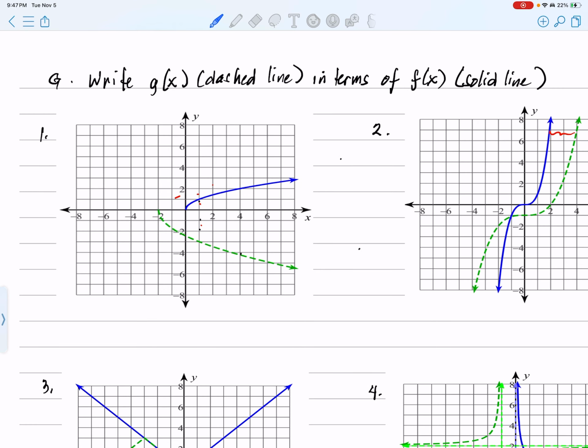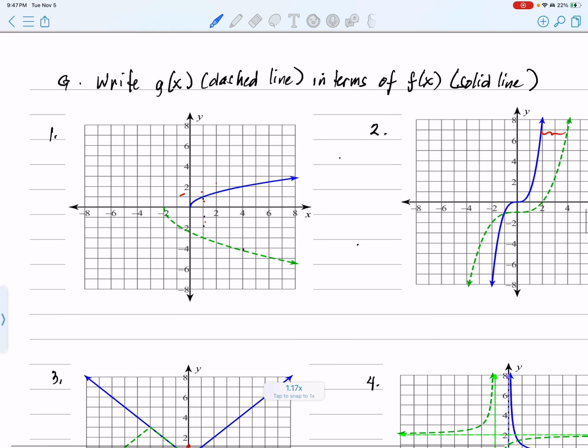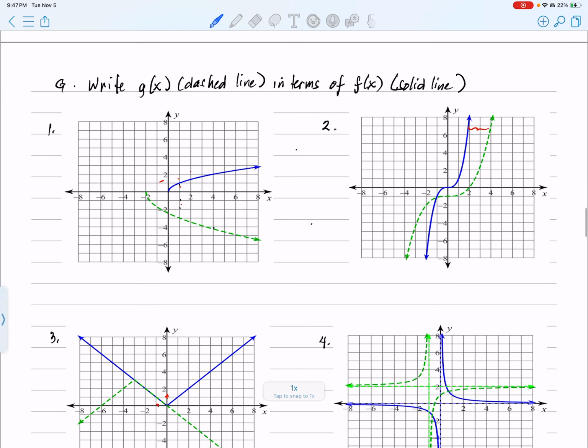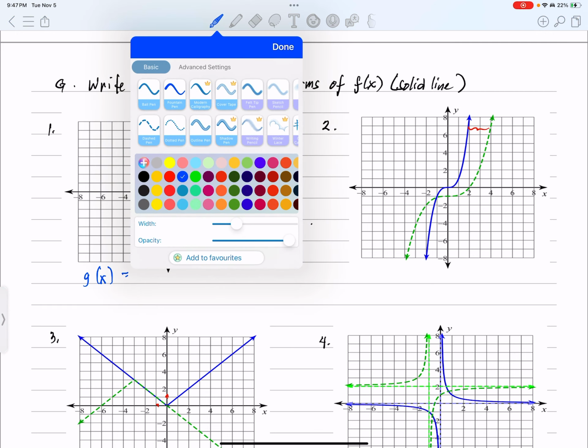The dashed line is what we're looking for, and that's the one we are going to make an equation. Okay, what do we have here? Let's see. I'll be using another color. Okay, I'm gonna use this color.